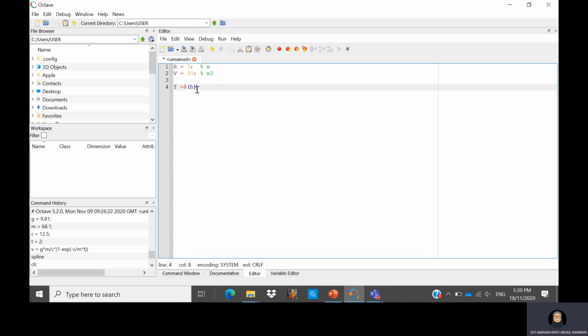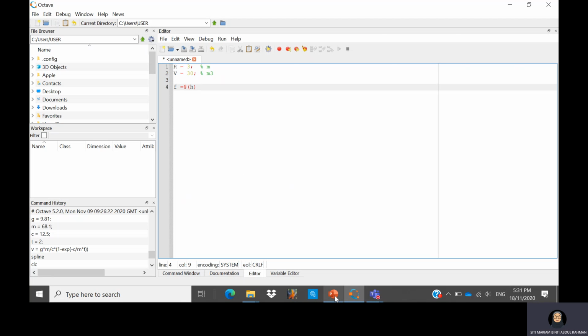This is one way of how to write the function in Octave. You can also use a symbol if you're using MATLAB. For Octave, I've already checked, if I want to use a symbol, they don't have the function for that. So I'm going to use this.